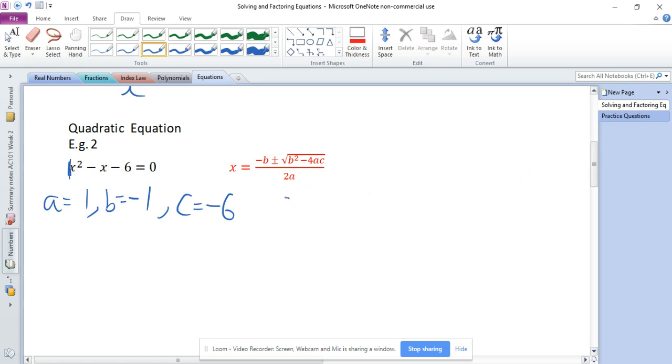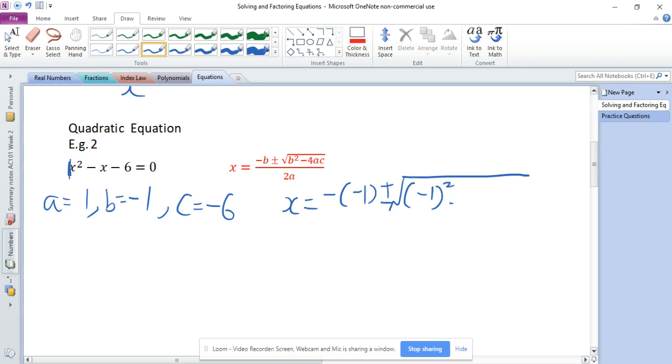Next, with everything, put it into the formula. So minus b is minus (minus 1). Note, it's very important to use brackets. If you don't put brackets in the right place, highly likely you get the wrong result.